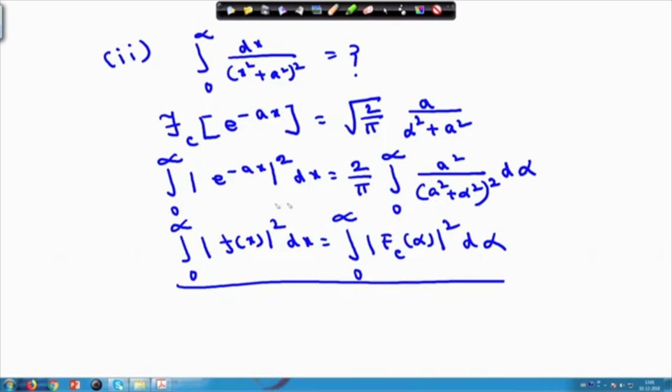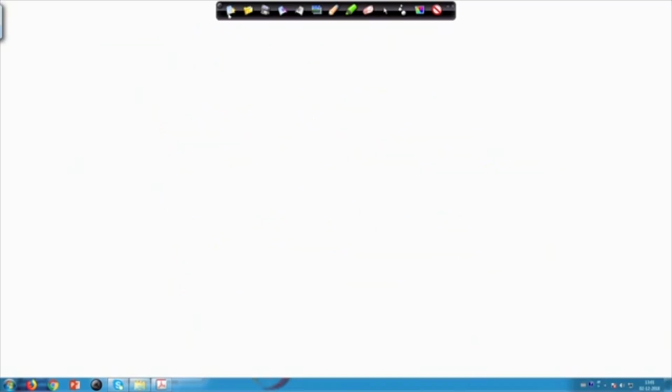Once I got this particular integral, very easily now I can write down the value of the given integral using the earlier method, that is, integral 0 to infinity e power minus twice a x dx.